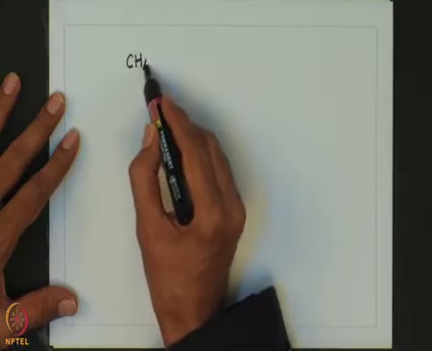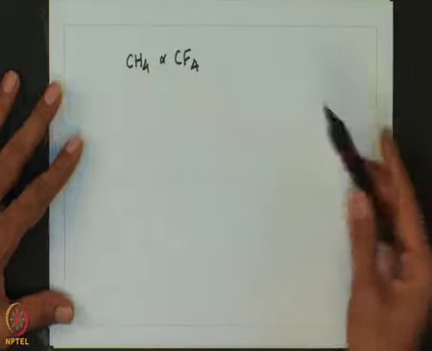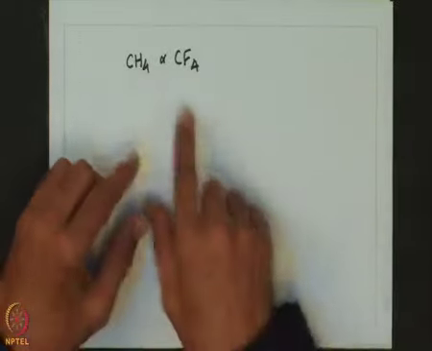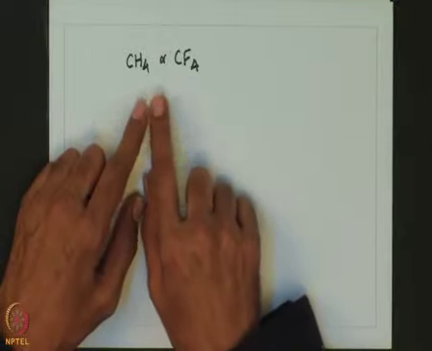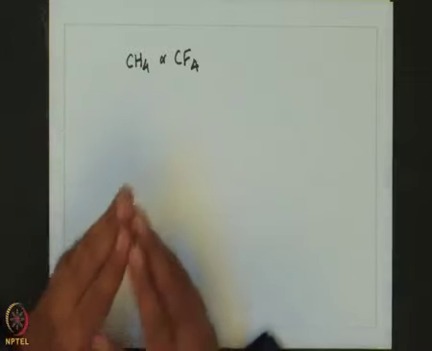So, that means if we consider the examples of CH4, CF4 and CH2F2, we can explain these things very readily. If we consider CH4 or CF4, it should not be a problem. Here the electronegativity of the central atom or peripheral atom does not come into picture, because it has to be a symmetric tetrahedral molecule.